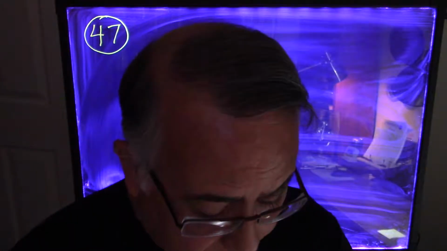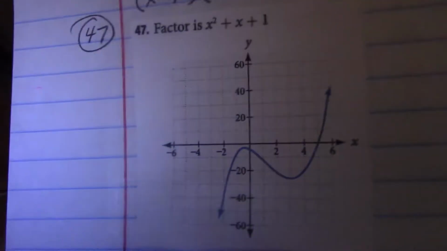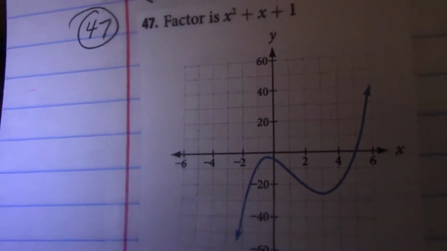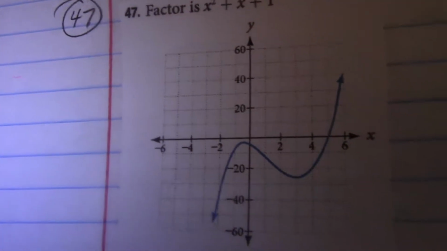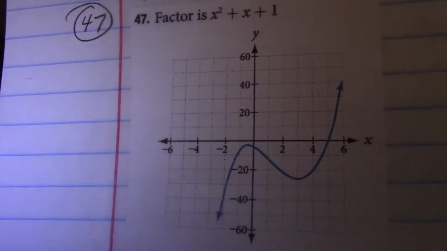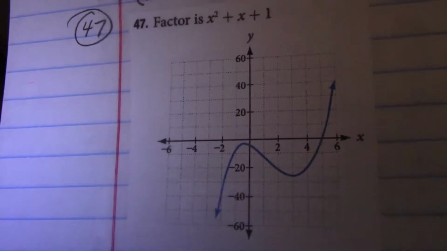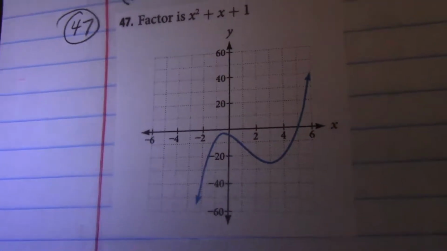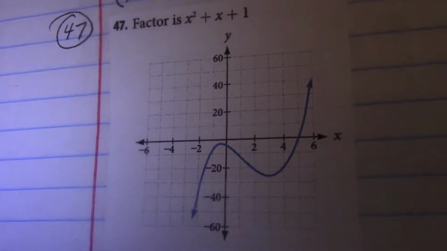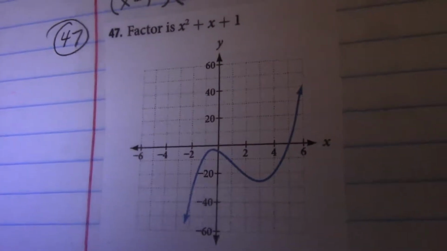Okay, number 47. Let's look at the graph. So they gave us a quadratic factor. It's a third-degree polynomial, they tell us, and so we need a linear factor, degree 1, that is. Notice where the 0 is at x equals 5.